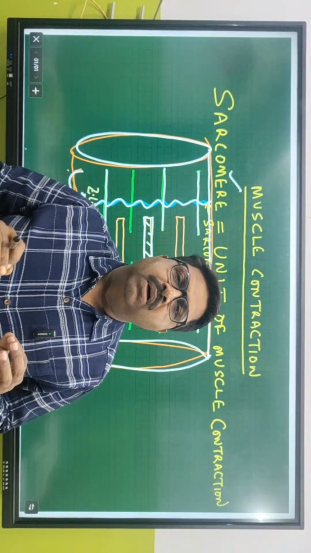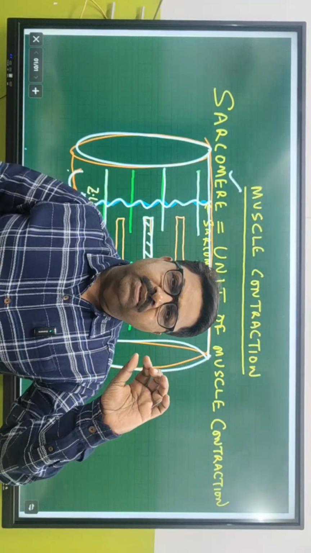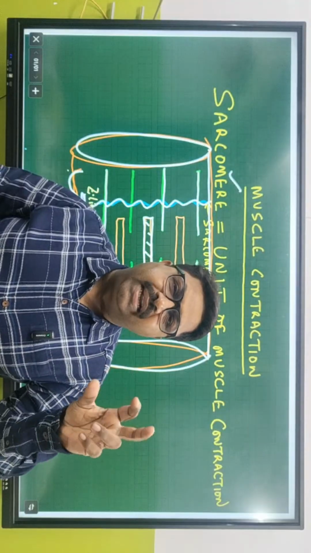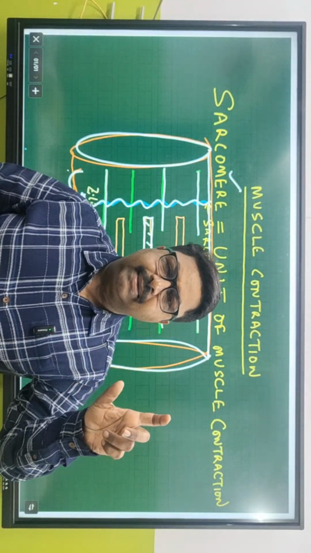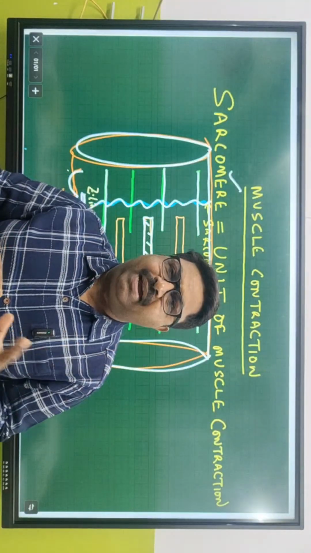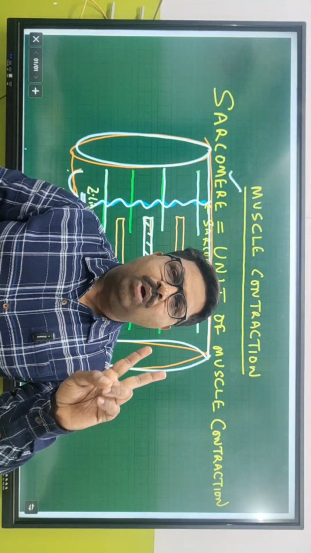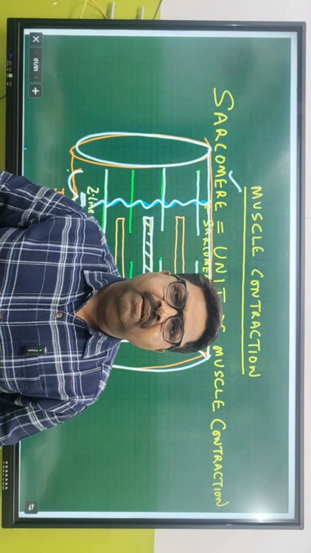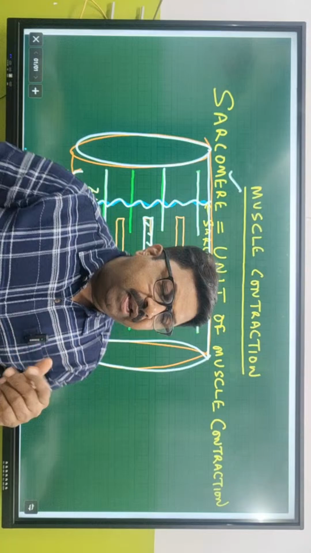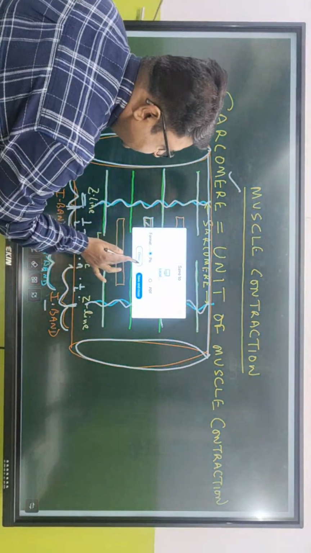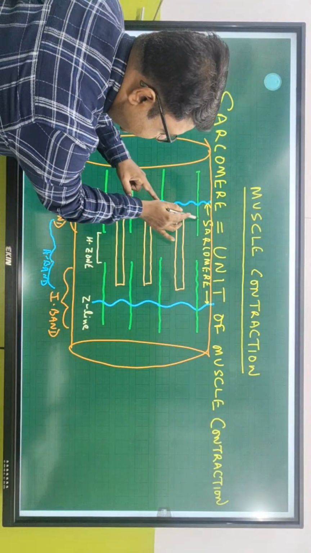Now, if you remember, the actin filament is made up of G-actin, a monomer, a globular protein. Many of these G-actin make one F-actin. Two of the F-actin make one actin filament.